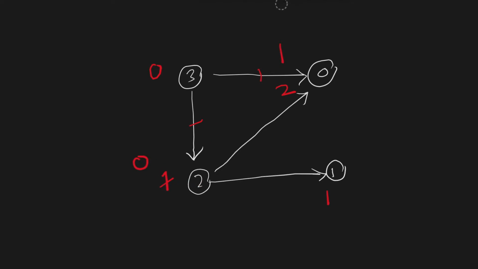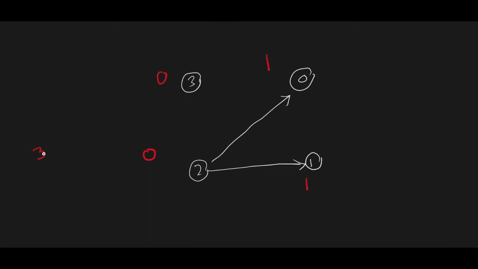Let me just remove these edges, then it will be clear. I'll remove this, and now 2 becomes 1. I'll remove this, and now for number 2, 0 is the in degree. Now we are done with 3.